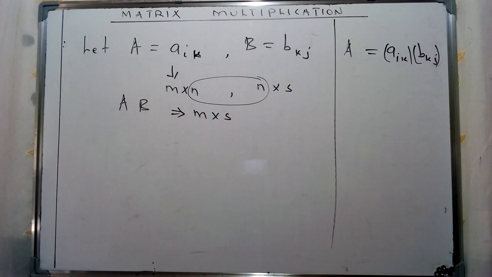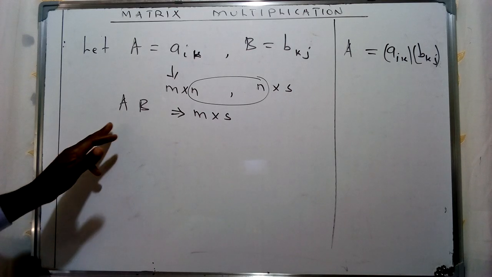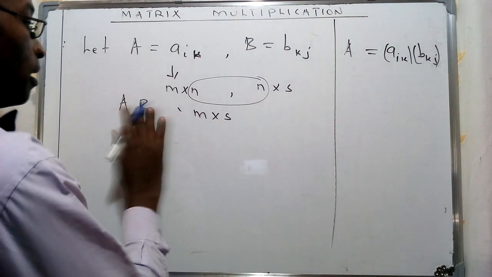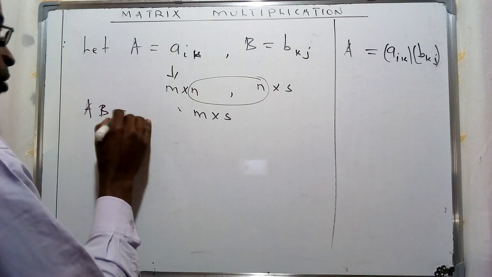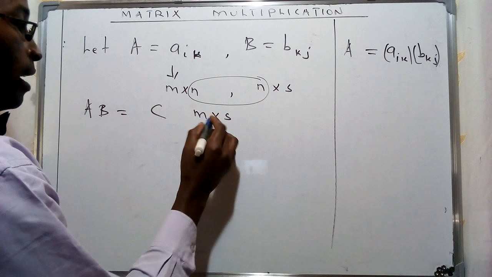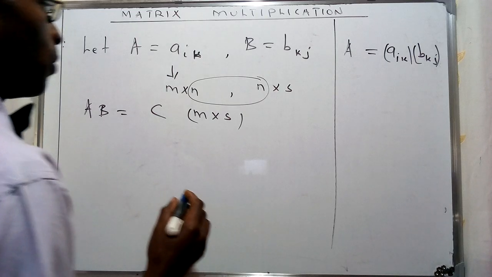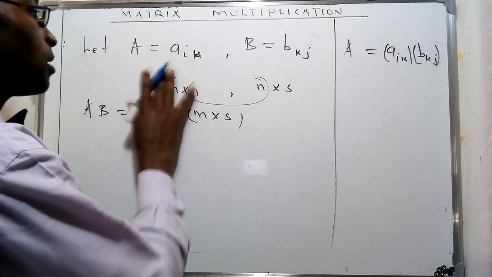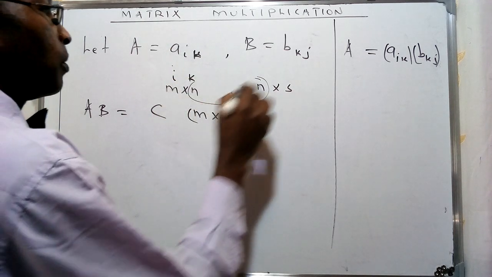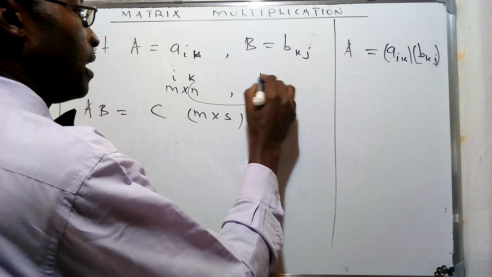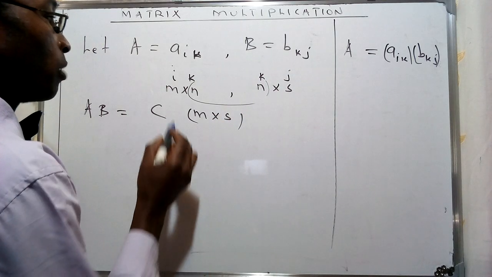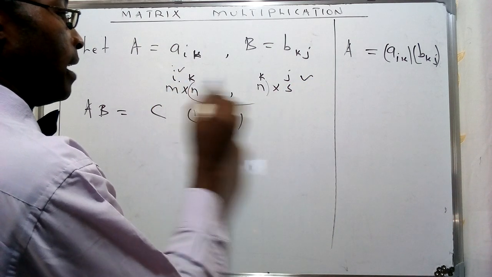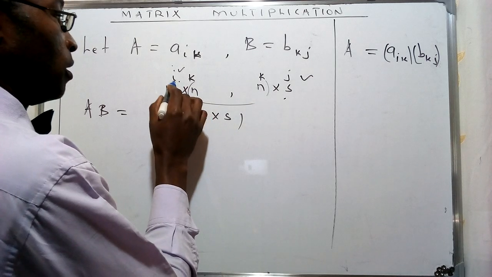So we're going to have a general way of representing such a kind of matrices, whereby the matrices A and B are going to give us a product C. So therefore, we'll just have this one given in terms of a product C, which is going to be an m by s kind of matrix. So therefore, we are going to consider this specific element. If we consider this one to be particularly given in terms of a_ik, and then we have this one given in terms of b_kj. So we're going to have the product of elements consisting of i and s, which is going to be i and, of course, m and s, which is of course going to be i and j.